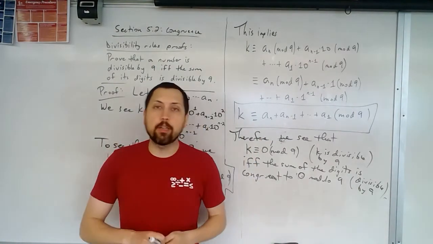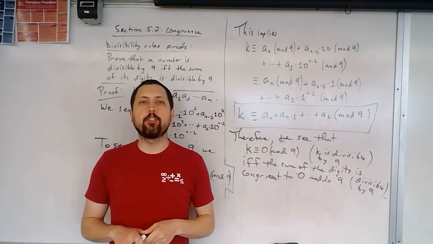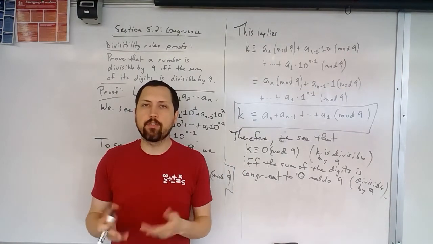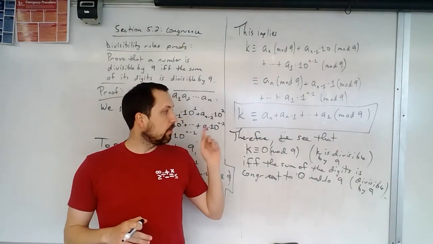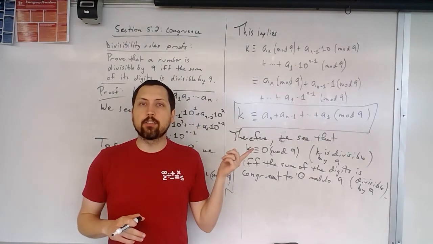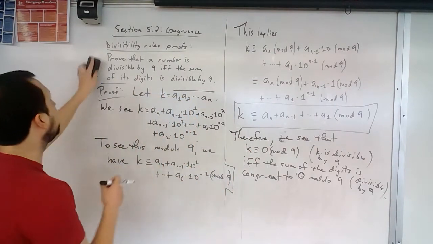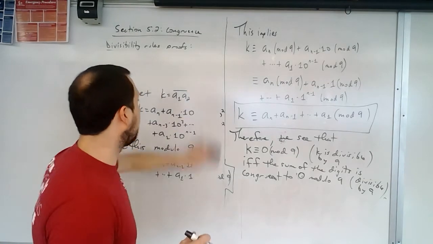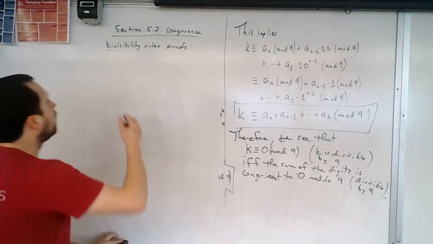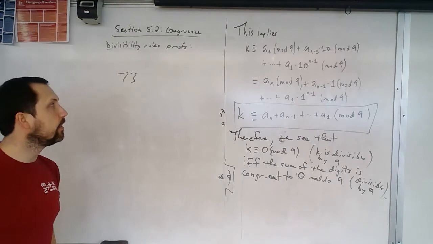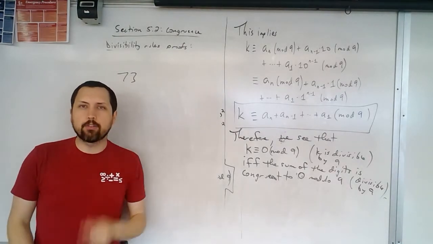Now notice this is also pretty cool because if you're trying to figure out in general what is any remainder when you divide by 9, well, you just look at the sum of the digits, right? So if you think about any number, so let's say we look at, say, 73, right? If you divide that by 9, what's the remainder?